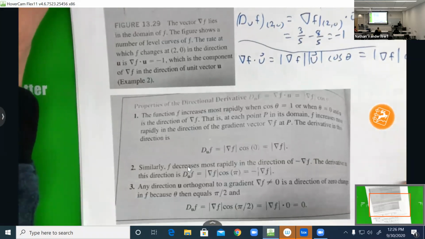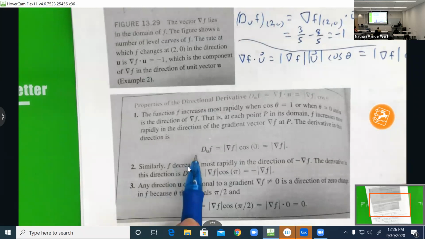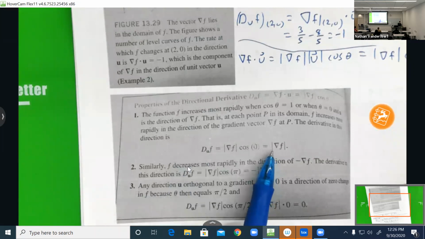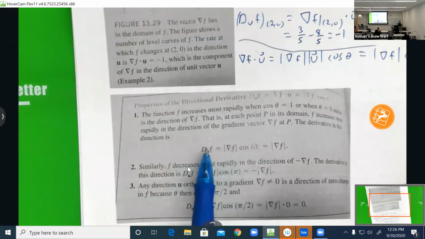So the key takeaway here is that the derivative changes most quickly in the direction of the gradient. If we set u to be parallel to the gradient, that's where the height is changing the most rapidly, which is also clear with the dot product.